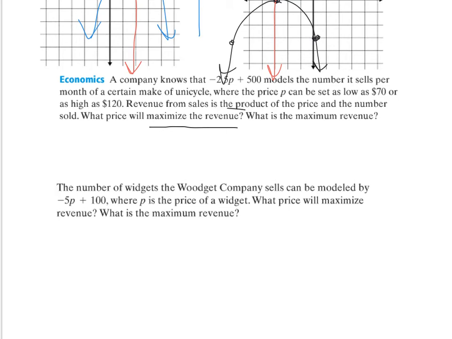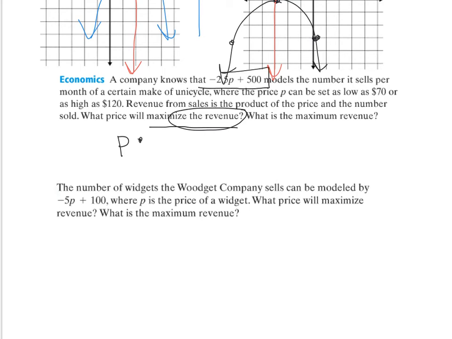So if we want to maximize the revenue, we have to find the vertex of the revenue function. If I look at this line, it reads revenue from sales is the product, so that means multiply, the price and the number sold. P is the price, so I'm going to multiply P times the number sold.